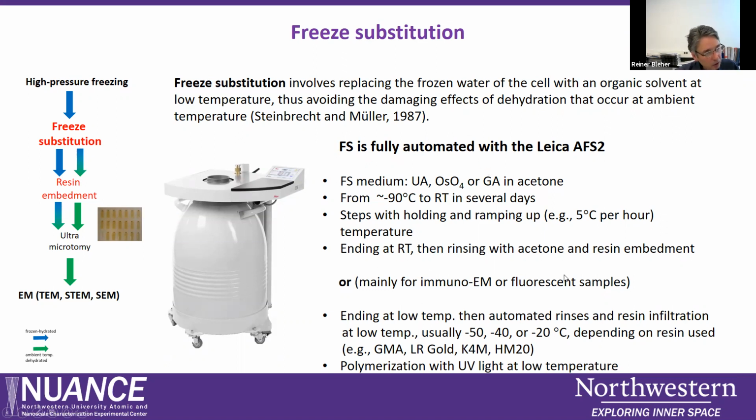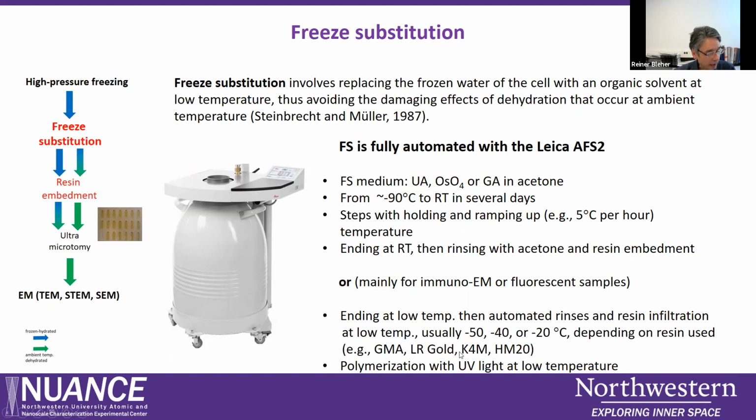Depending on what we want to do with our samples, we can also end the run at low temperature, keep the sample at -50 or -40 or -20 degrees, and then infiltrate the sample at these low temperatures with resin. Those resins can also be polymerized with UV light at those low temperatures.